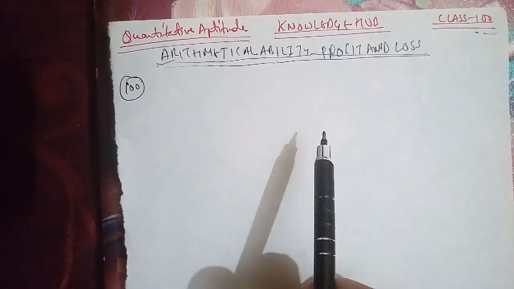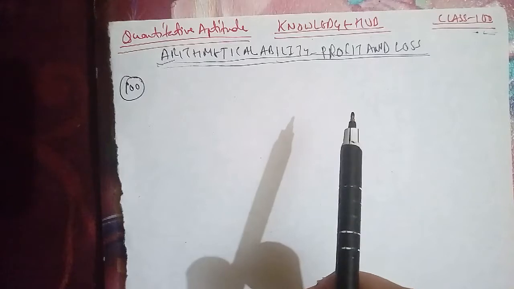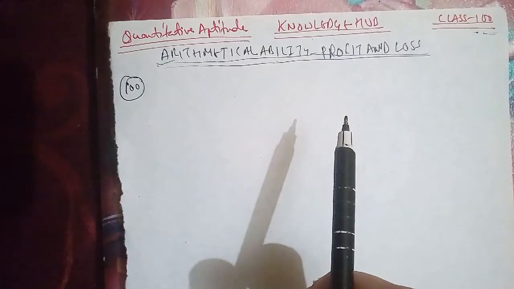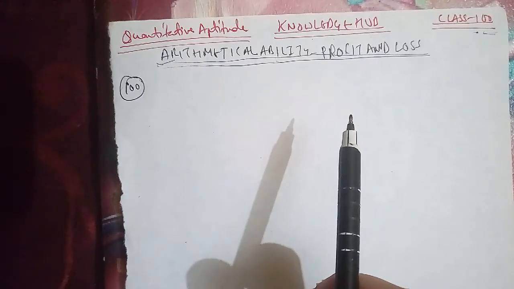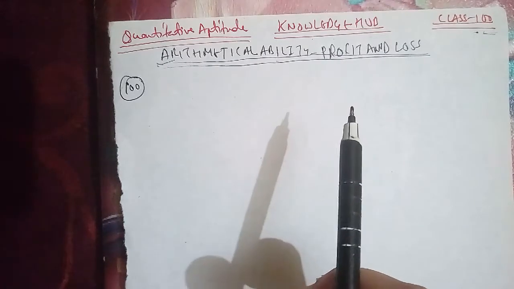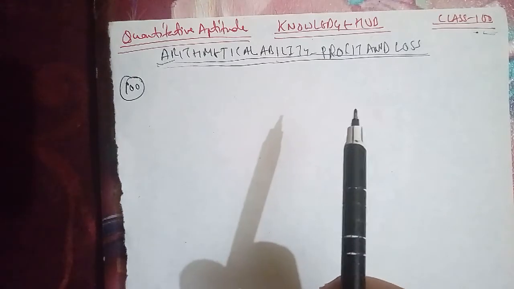Here the number of units he should produce and sell in order to make a profit of at least rupees 1000 per week is? The options we have are 200, 250, 300 and 400. So for the same we have to find it out.